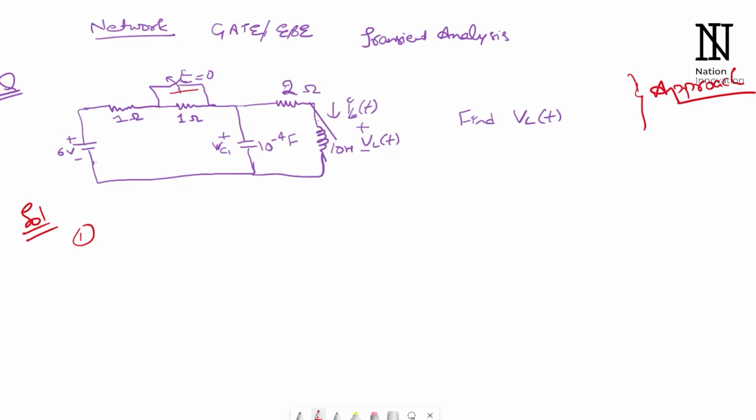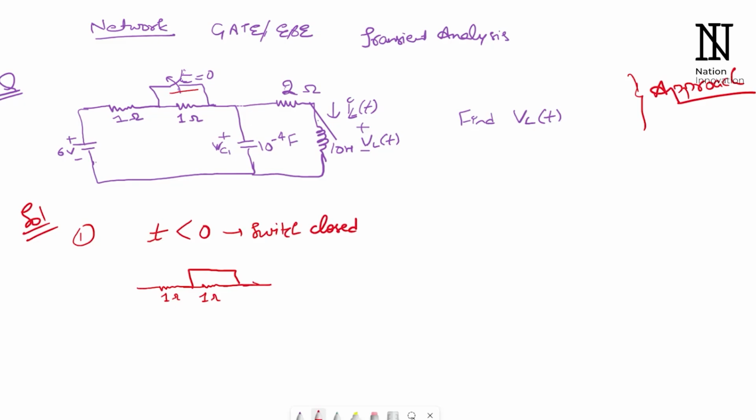So let's take the circuit at t less than 0, when the switch is closed. Let's analyze the circuit at t less than 0. If we draw this circuit, it will be like this: 1 ohm resistor, again 1 ohm resistor. Since the switch is closed, it will be short circuited.